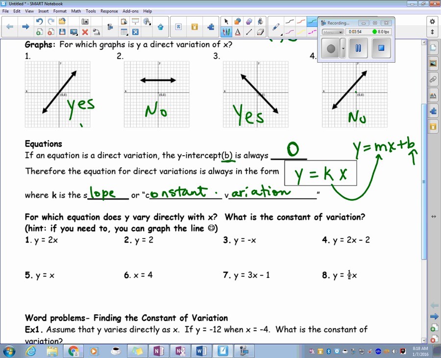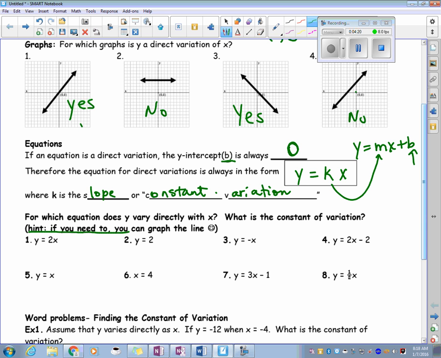And it needs to be something times x. Let's look at a couple that are direct variations. You could always graph the line if you need to. If you need to graph these, plug them into your calculator and graph them.